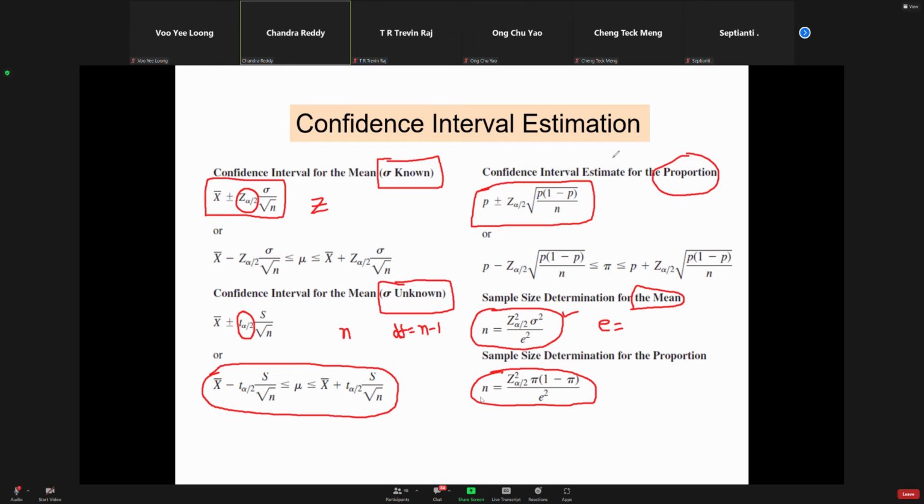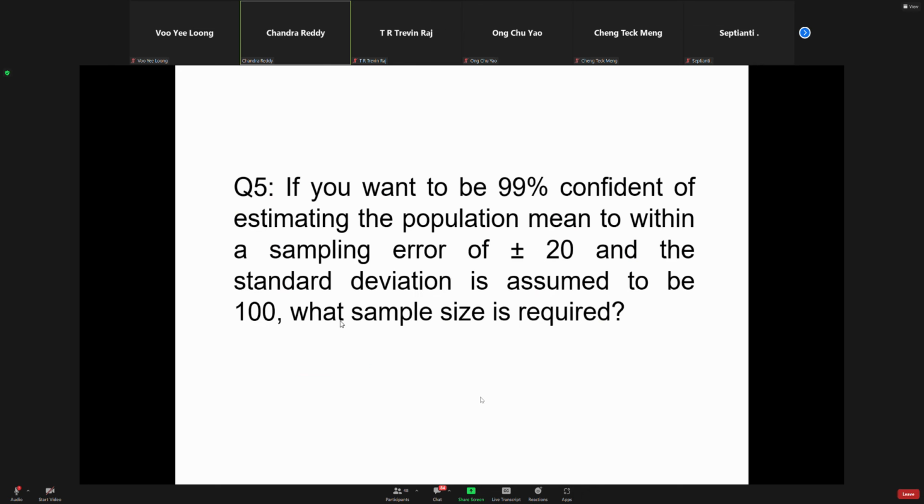All right, I clear this, then move on to the next question. Can you read this question, understand, and try to work on this? If you want to be 99% confident, so this is your confidence interval, estimating the population mean to within a sampling error, the error E is plus or minus 20, and the standard deviation is assumed to be 100.